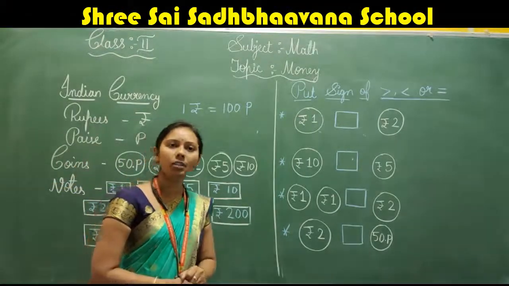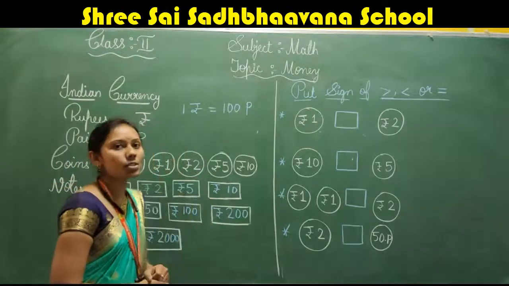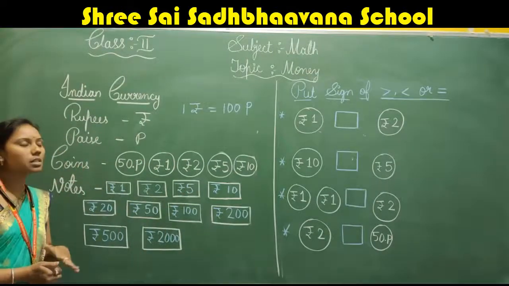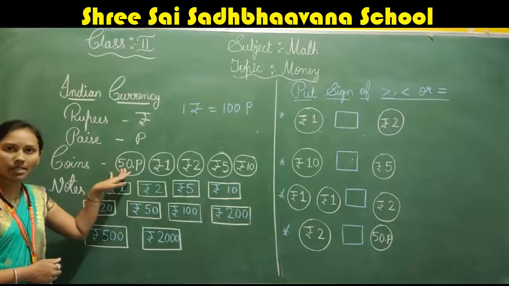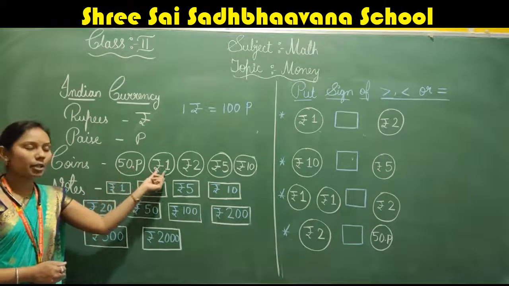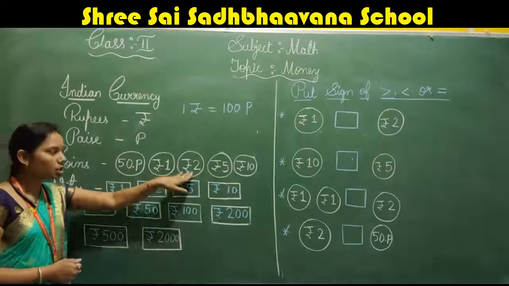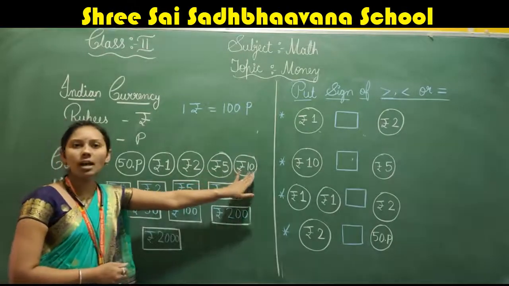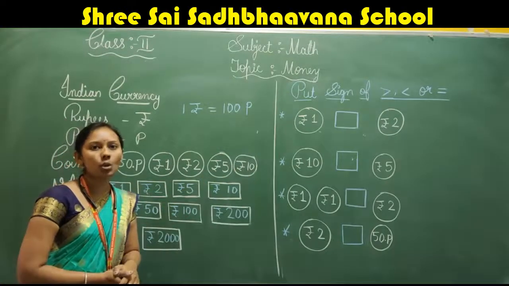So here we can see the coins and the notes. The coins which are available in India are 50 paise coin, 1 rupee coin, 2 rupee coin, 5 rupee coin and 10 rupee coin.